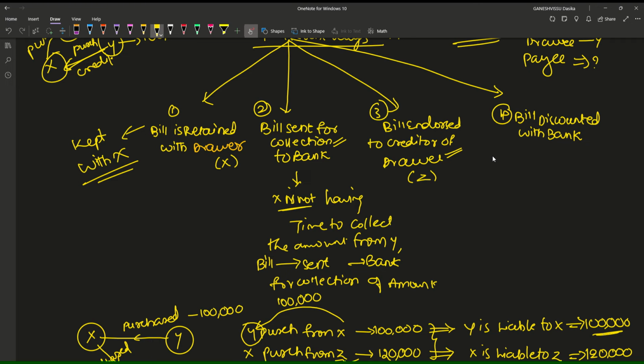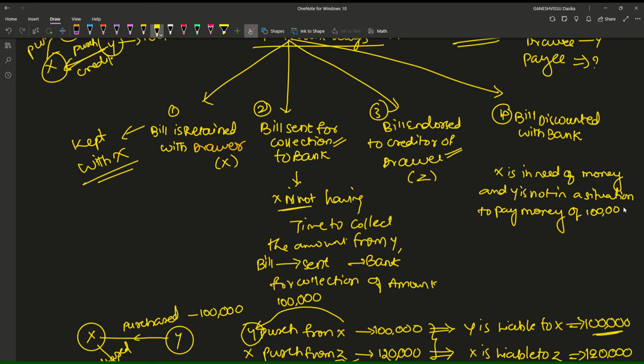If X is in need of money, and Y is not in a situation to pay money of rupees 1 lakh, let us suppose, then X, as holder of the bill of rupees 1 lakh, would go to the bank and immediately encash it.